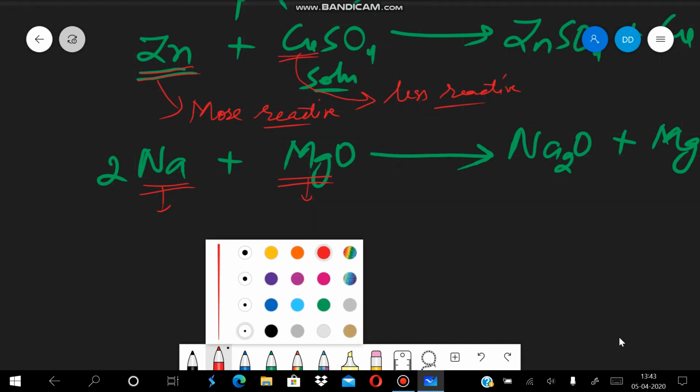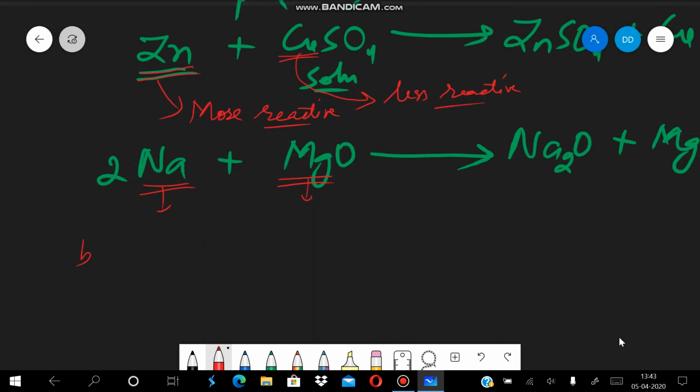Now coming on to the second type, that is non-metal displacement reactions.